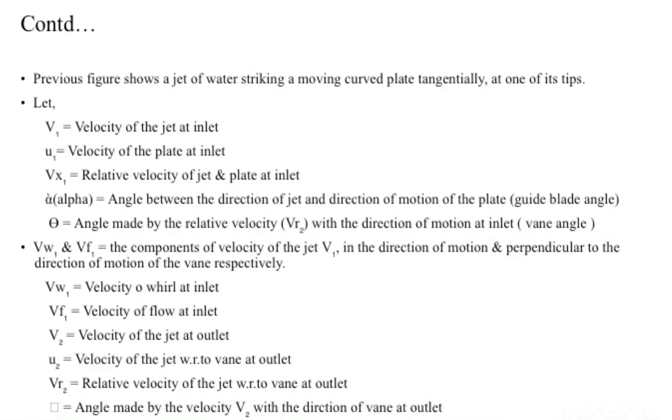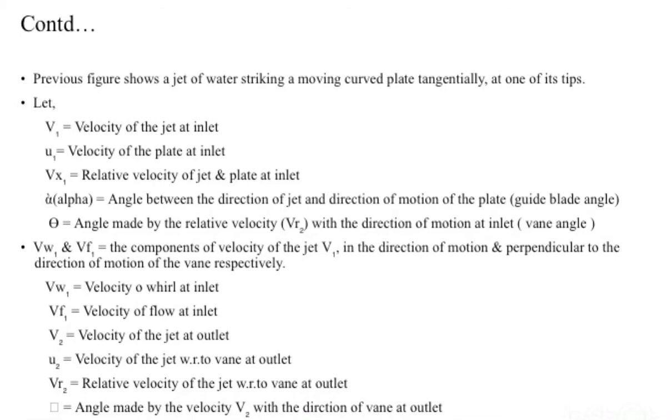Alpha is the angle between the direction of the jet and the direction of motion of the plate, called the guide blade angle, and theta is the angle made by the relative velocity vr1 with the direction of motion at inlet, called the vane angle at inlet.